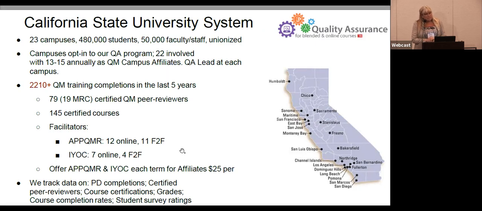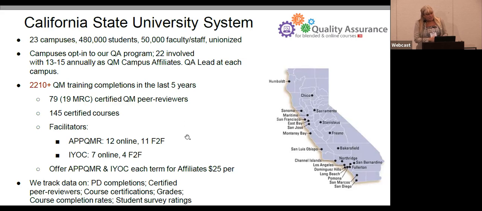As far as the QM campus affiliates, we have between 13 and 15 each year that are part of that affiliate. And then within that, we have 1 lead also at each campus. So that lead also attends, we have different ways that we support the groups.